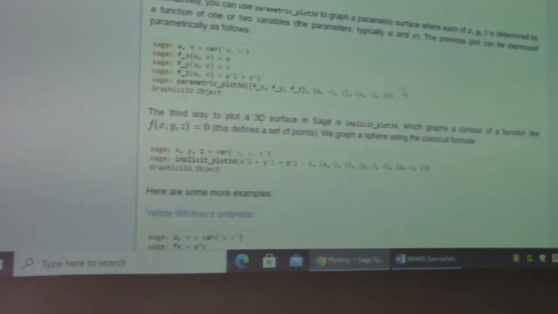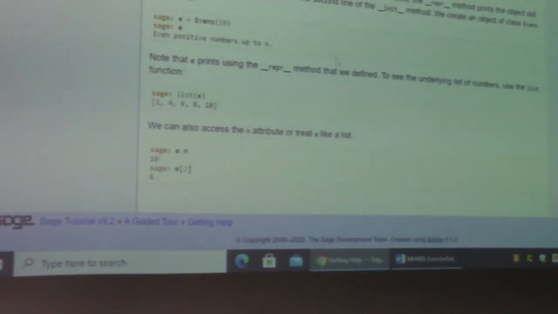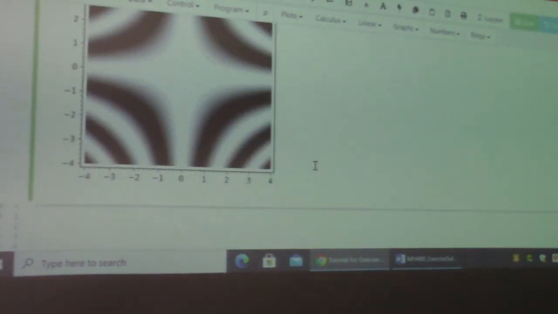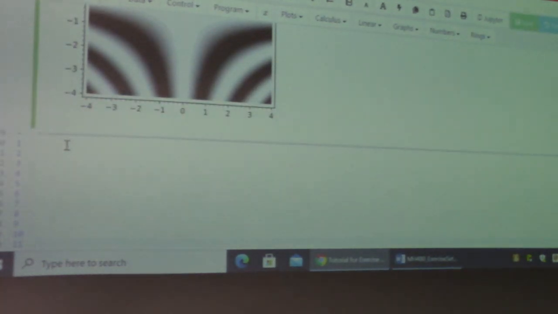Ooh, three-dimensional plots. I'm excited about this. By the way, guys, once we're done with this, we're out of here.